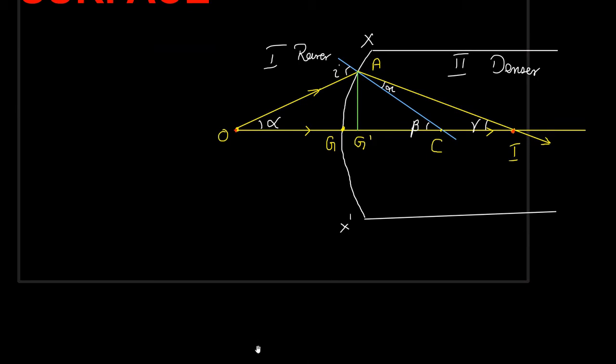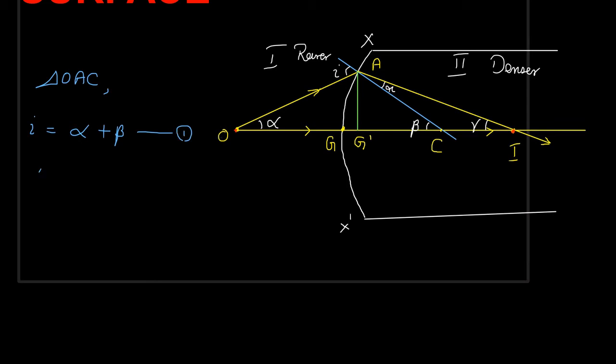Now what is the angle of incidence I in terms of alpha and beta? Let us consider the triangle OAC. From the triangle, I is the external angle, alpha and beta are the internal opposite angles. So I equals alpha plus beta. Let us write this as equation number 1.